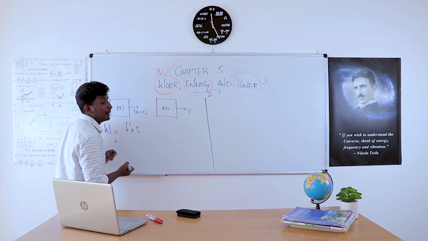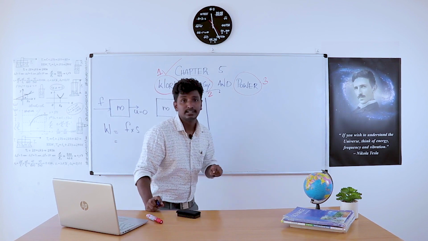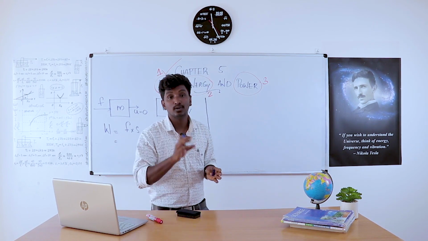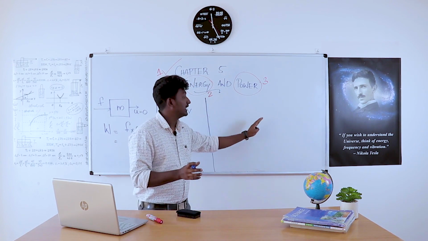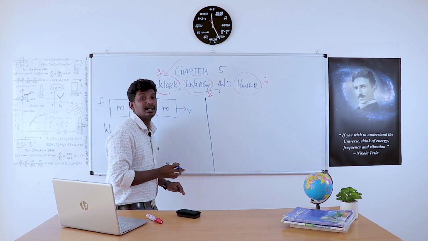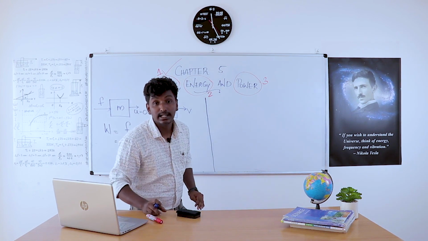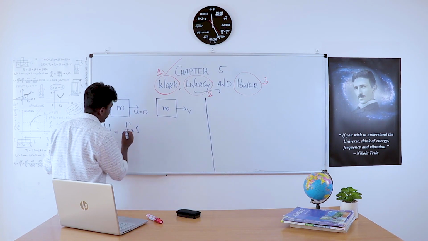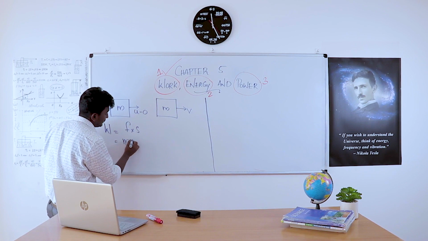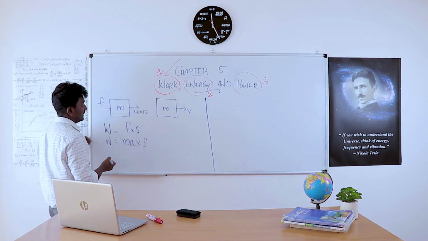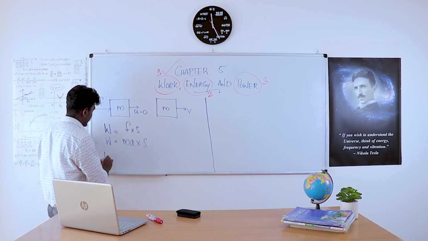By Newton's second law of motion, which we already discussed in the second chapter, force and laws of motion, force F is equal to mass into acceleration, ma. Therefore, substituting F as ma into displacement s, we get W is equal to ma into s.